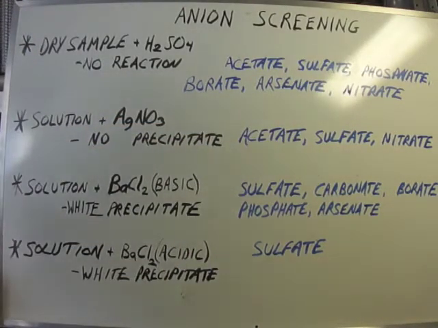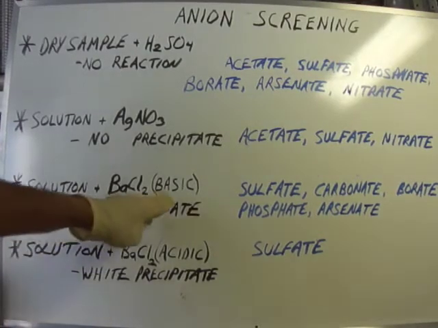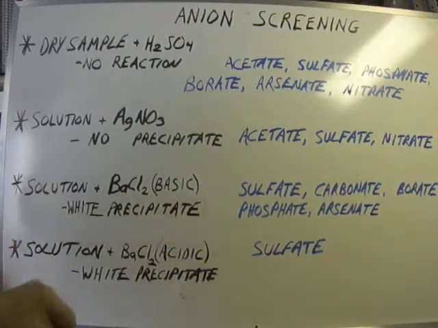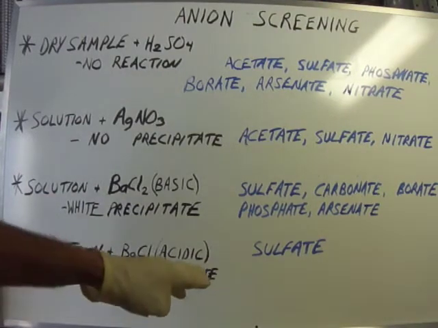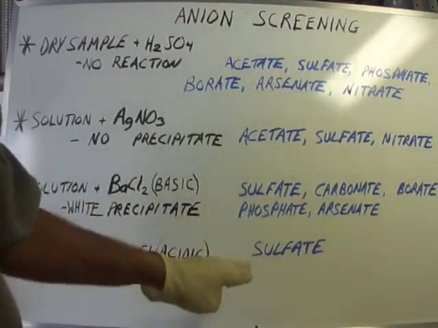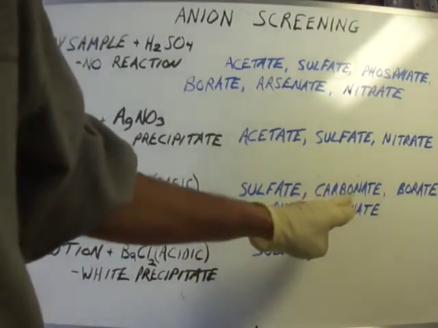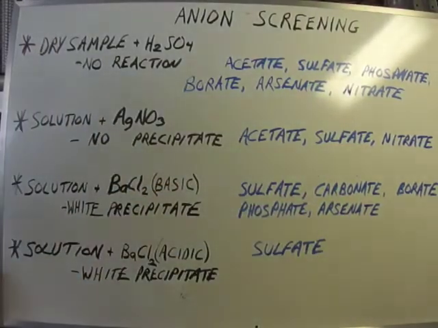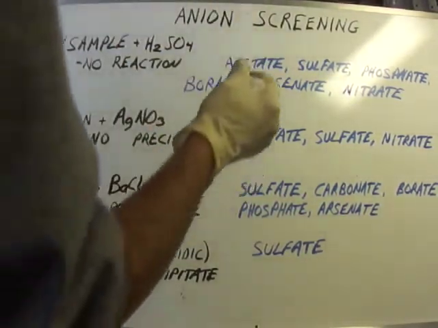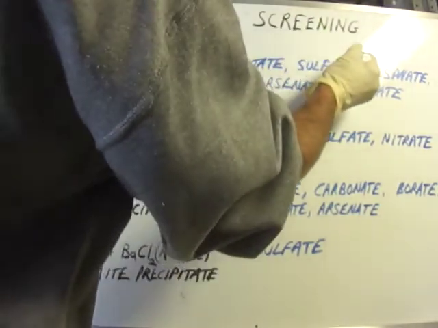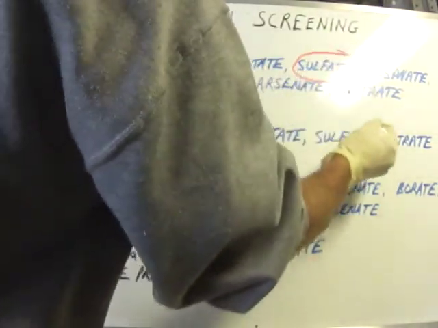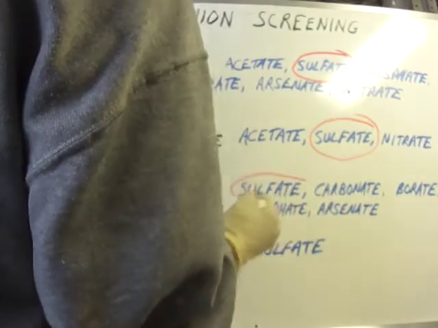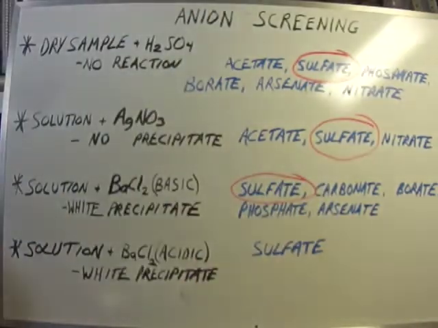The next thing we did was take the solution and add barium chloride in a basic environment, and we got a white precipitate. So that indicated it could have been a sulfate, carbonate, borate, phosphate, or arsenate. At this point, the only thing that's in all 3 possibilities is the sulfate. Nothing else matches.